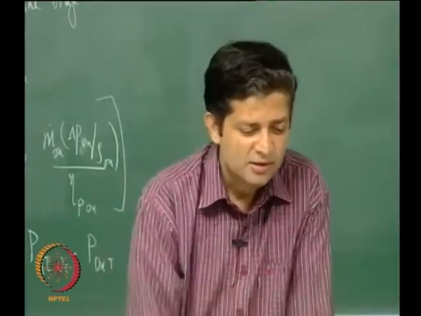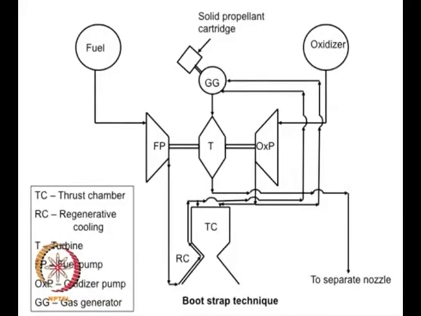Okay. So, the next technique that is used is something known as the bootstrap technique. As opposed to the monopropellant system, here you will use a part of the fuel and oxidizer to drive this gas generator.